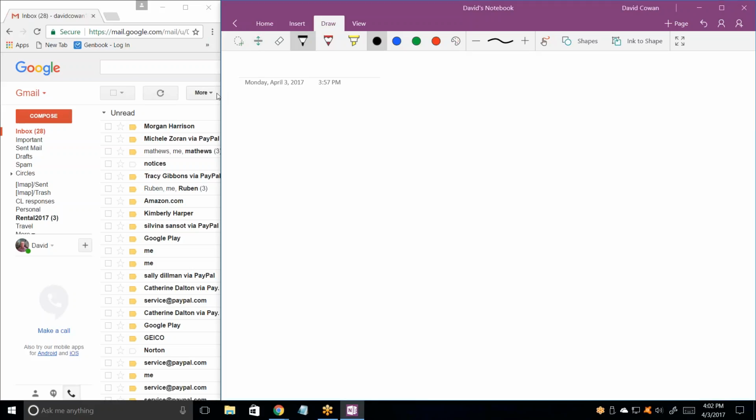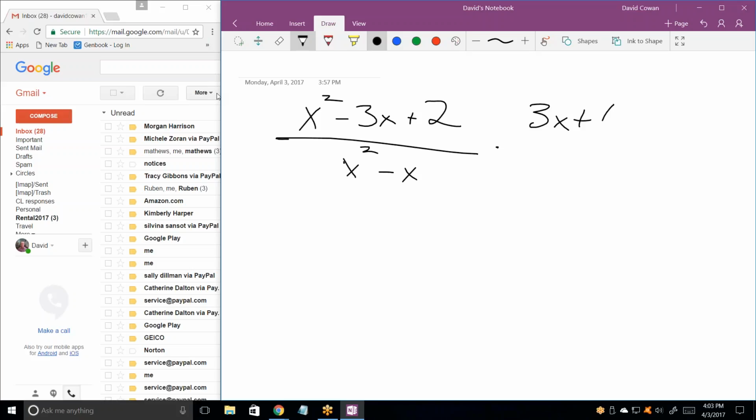So this one is x squared minus 3x plus 2 over, or no, not 2x, just x squared minus x. And then you have to times that whole thing by 3x plus 6 over x squared minus 4.